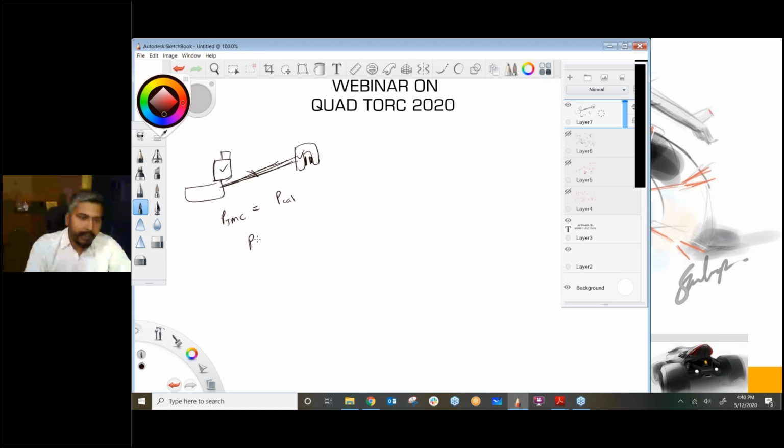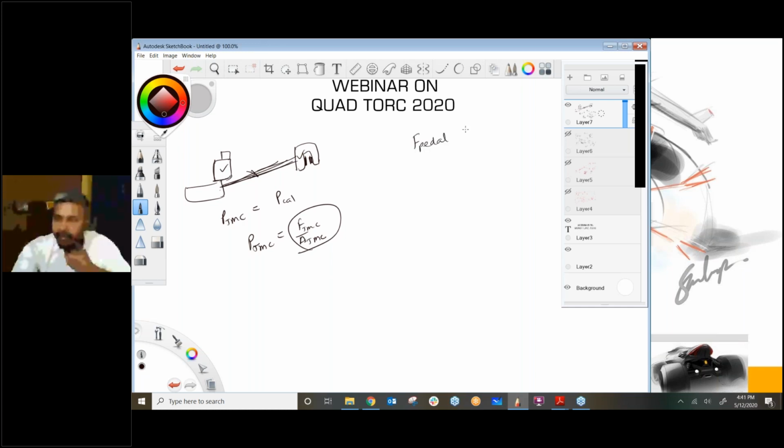Okay, so clamping force is basically the holding force. This is your brake rotor and this is the caliper. So two brake pads are acting on one caliper. One, 2. So this caliper force multiplied by 2.